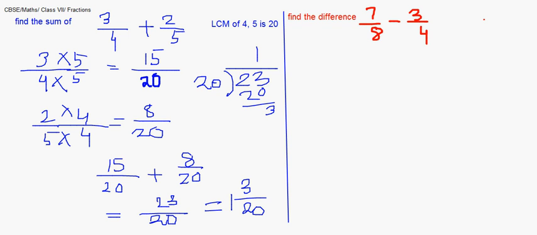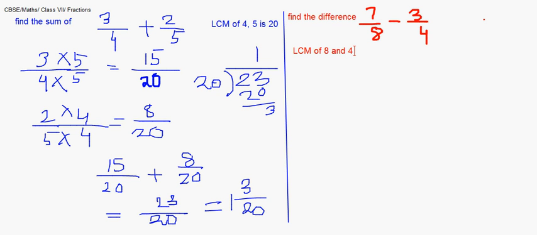You can again see these are two fractions which are unlike. We'll again convert them into like fractions. To do so, we'll first find the LCM of the denominators. So we have to find the LCM of 8 and 4.